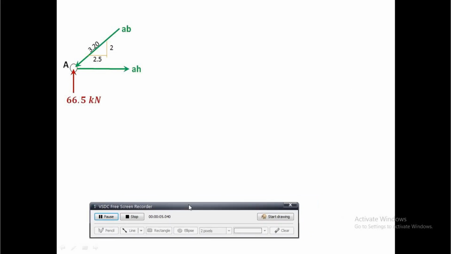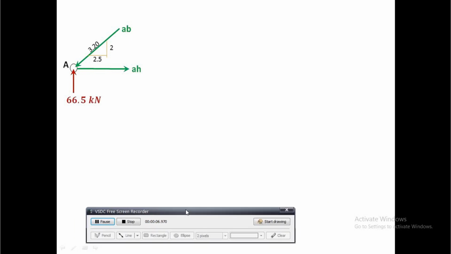Now, in joint A, may naka-attach na AB at saka AH. Yung direction ni AB at saka ni AH, assumptions ko lang yun. Matsi-check ko yun mamaya. So, given yung slope ni AB, that is 2 by 2.5 and the hypotenuse is 3.2.